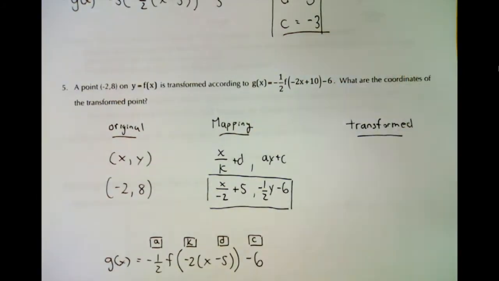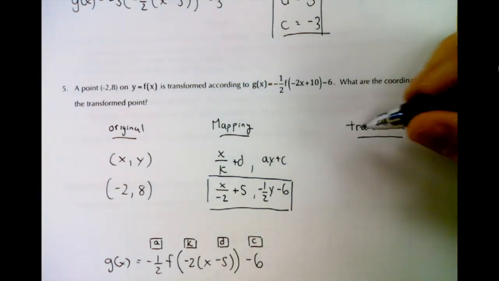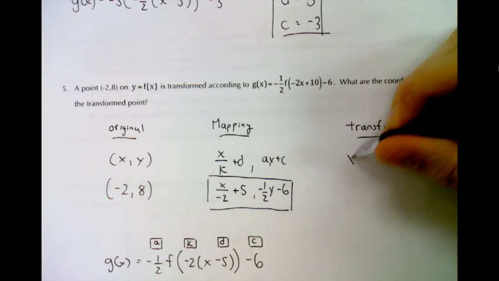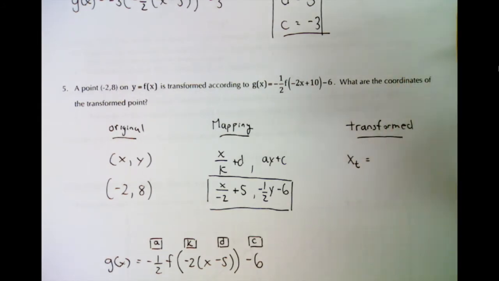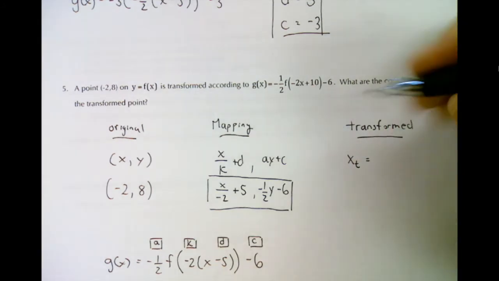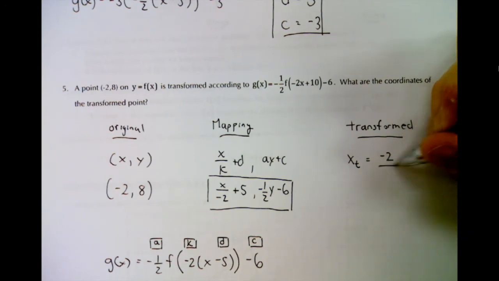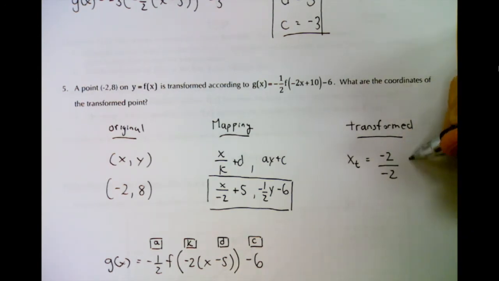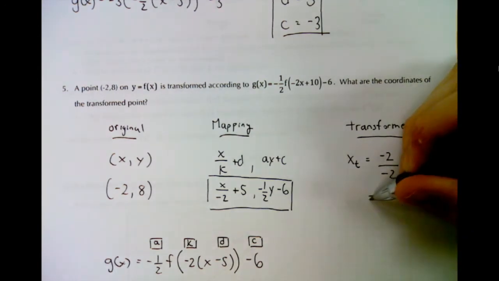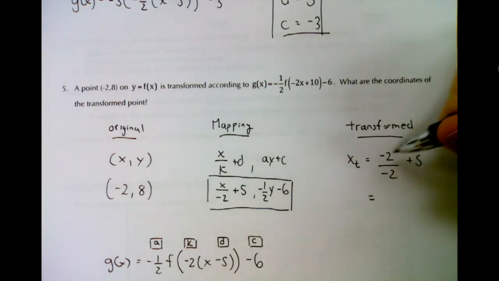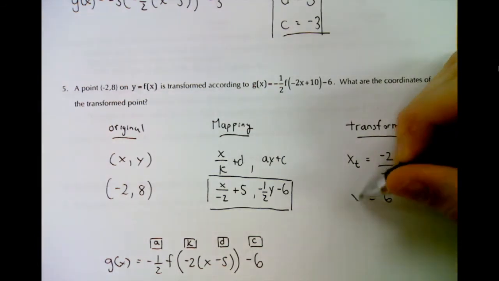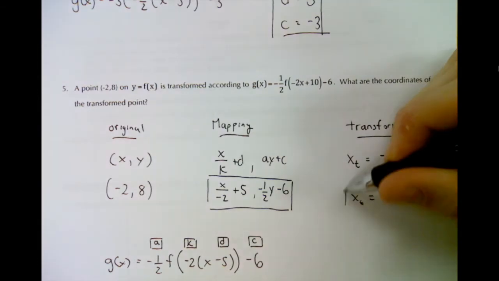So to find our transformed point, we're going to use our mapping notation. To find our new x, we're going to call it x transformed, we're going to take our negative 2, our original x, divide it by negative 2, and add 5. Negative 2 divided by negative 2 is 1, plus 5 is 6. The x of our transformed point is 6.